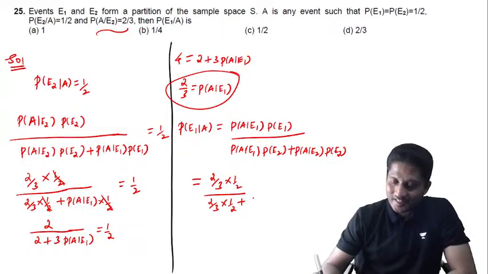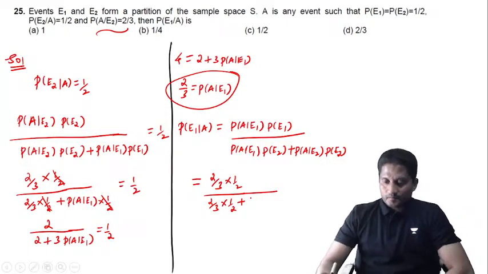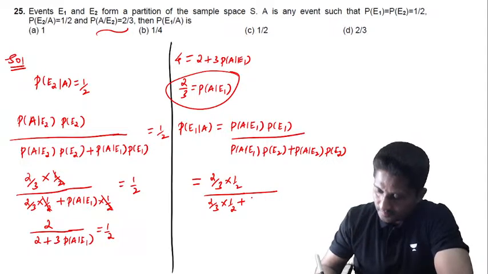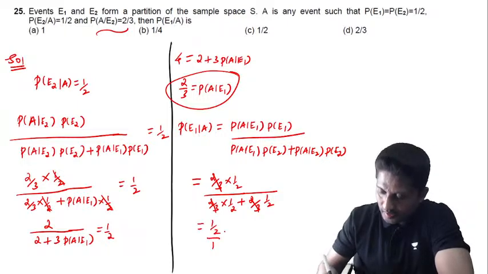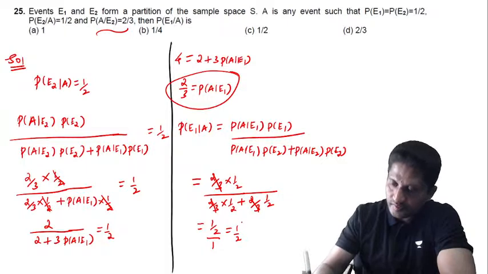Yeah, it is lengthy only, but it was a previous KCET question only. This is also 2 by 3. This is 1 by 2. Okay, this will cancel. 2 by 3 will cancel with 2 by 3. So this is half. Half plus half is 1. You will get the answer as half.